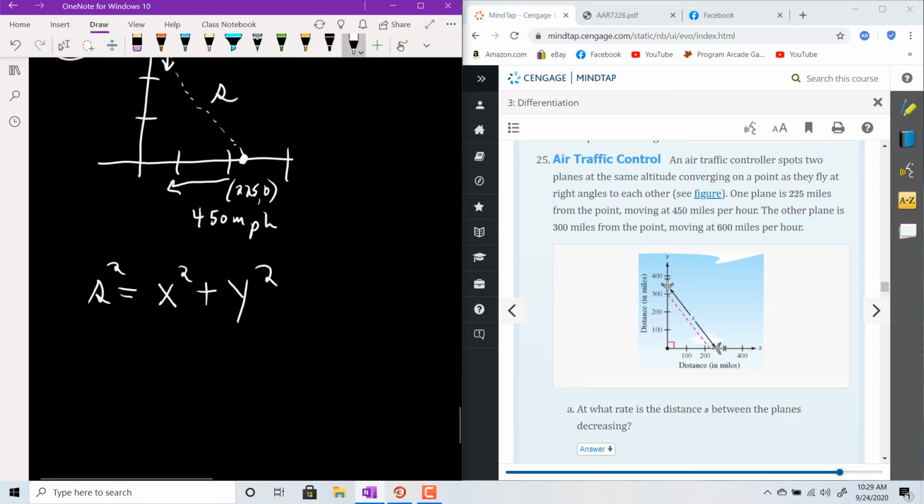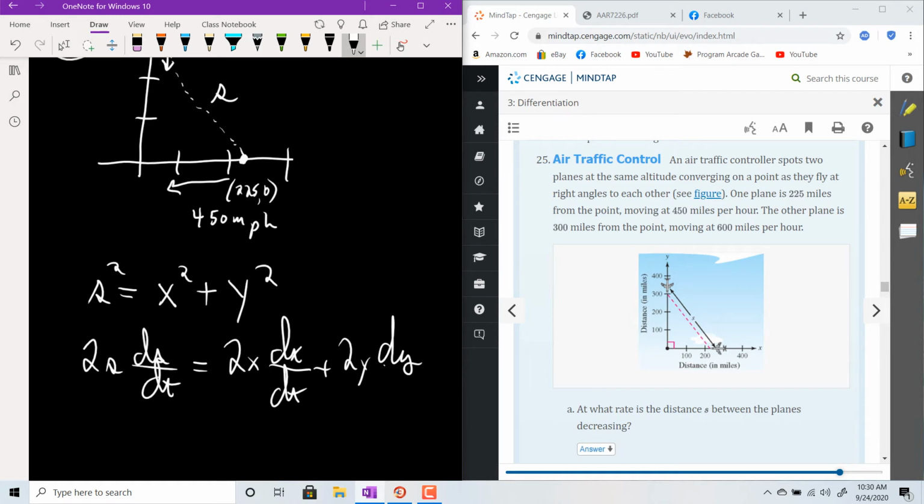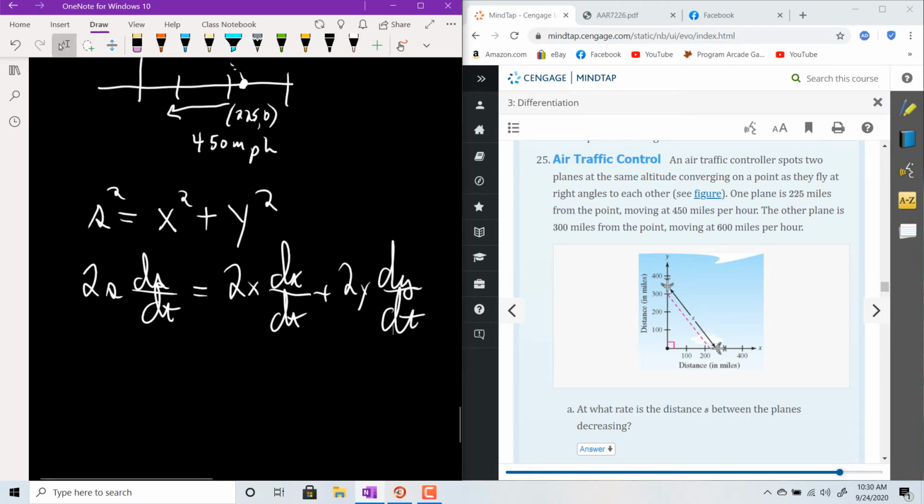Then you could differentiate implicitly. So we have 2s ds with respect to dt equals 2x dx with respect to dt plus 2y dy with respect to dt. We can simplify this a bit by dividing by 2 and then divide by s, and that'll give us a nice formula for ds over dt.